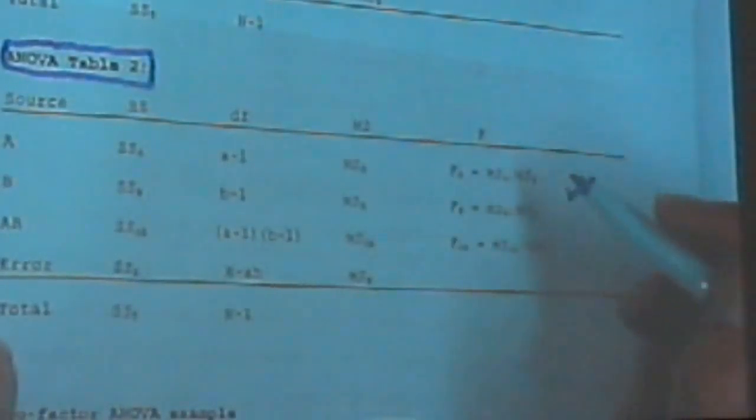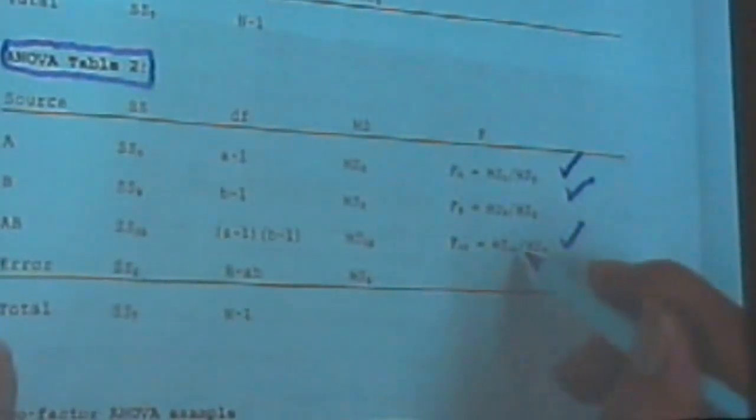More commonly, the second ANOVA table is used. And now it has a row for A, B, interaction AB, error, and total. And there's the sums of squares, symbols, the degrees of freedom, the mean squares. And there's 3 F statistics here now.